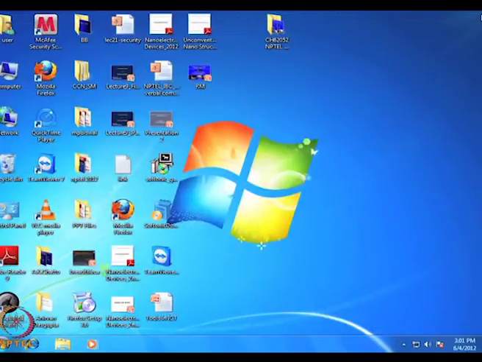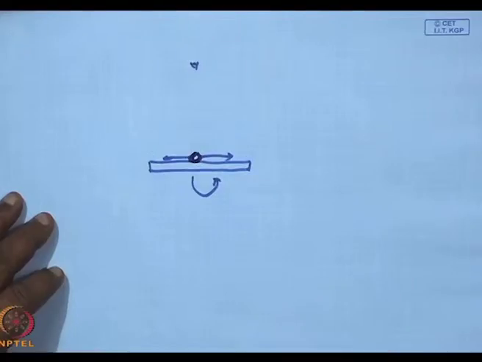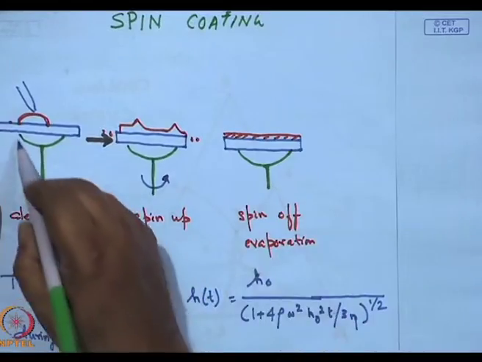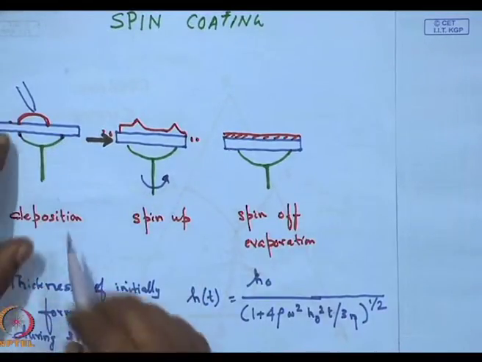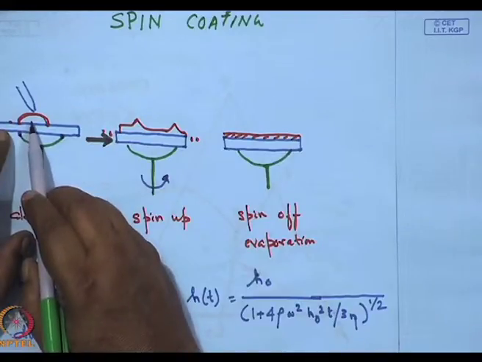So during this process of spin coating, what happened is, this is the cup, this is holding the substrate surface, and the liquid has dropped.